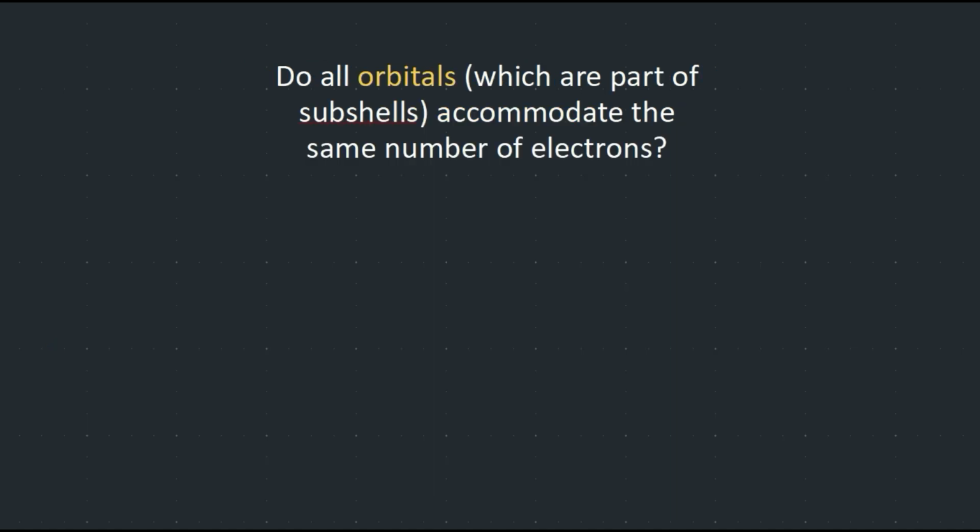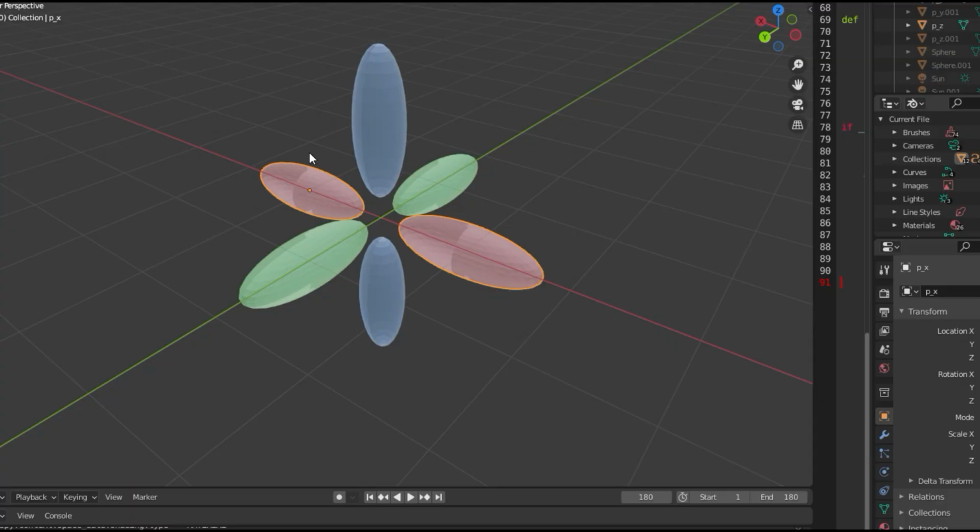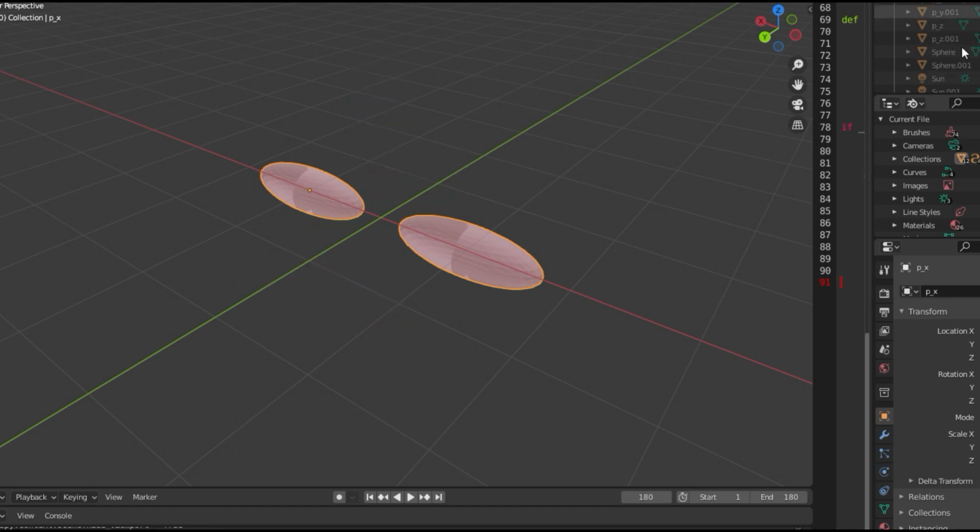Okay guys, now do all orbitals accommodate the same number of electrons? And the answer is yes. Regardless of what orbital it is, S, P, D, F, they accommodate 2 at a time. So let me start with P. This entire thing is a subshell and this single thing is an orbital. And this orbital accommodates 2 electrons.